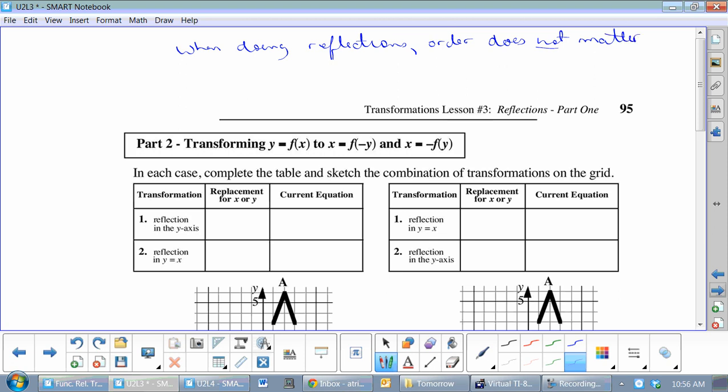Okay, so what does that mean? If you had y equals negative f of negative x. Now, do you see how we have a reflection on the y-axis and a reflection on the x-axis? So you could do the reflection on the y, then the reflection on the x. Or, if you wanted to, you could start with reflection on the x, then reflection on the y. Okay? So you'll get the same answer.